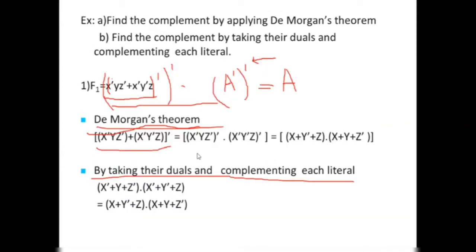Either that way, or the other way around, you can take the dual. So what's the dual? When you are taking the dual, if you have the OR sign, you write the AND sign in the dual, and if you have the AND sign in the original equation, you write the OR sign in the dual.